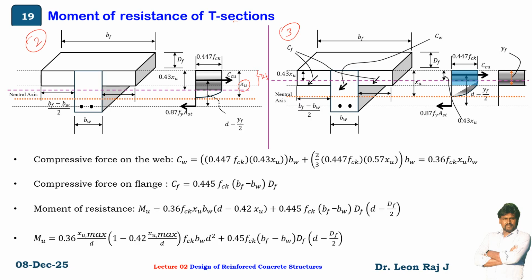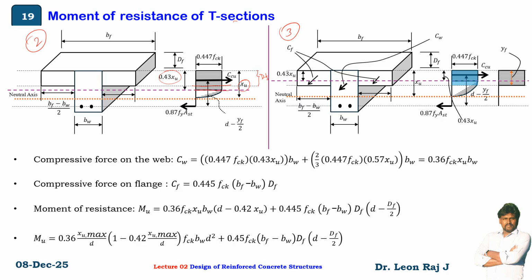In this case, you can see categorically that Df is greater than 0.43 Xu. That means the whole portion is the same as usual.